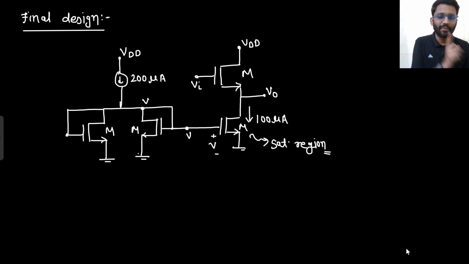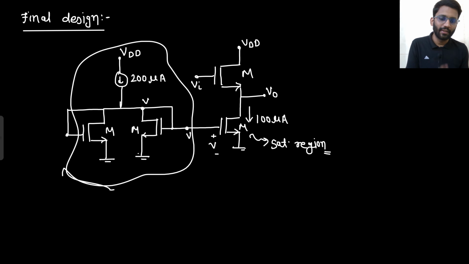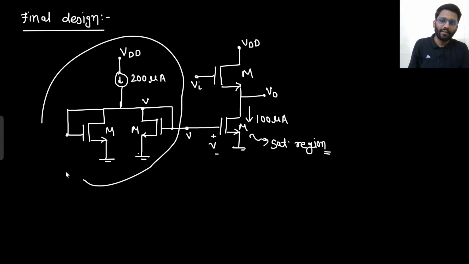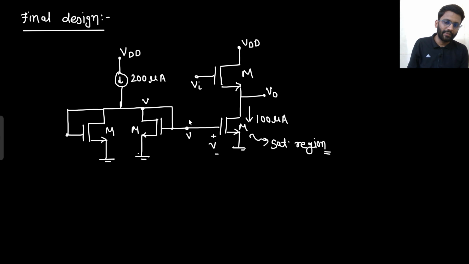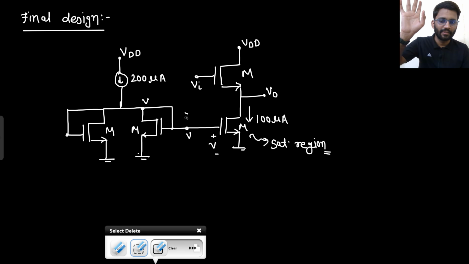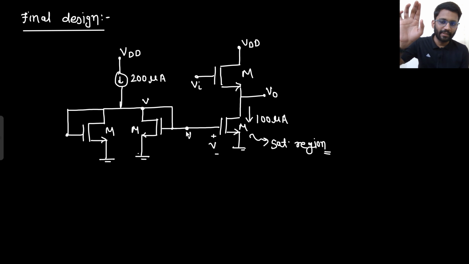So always remember one thing. No matter how many current mirrors you use here, only the current mirror which is acting as a load will matter. Everything else will be replaced by a single resistance, and here there is 0 ampere current.